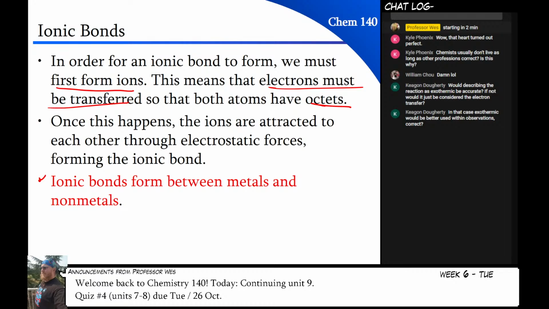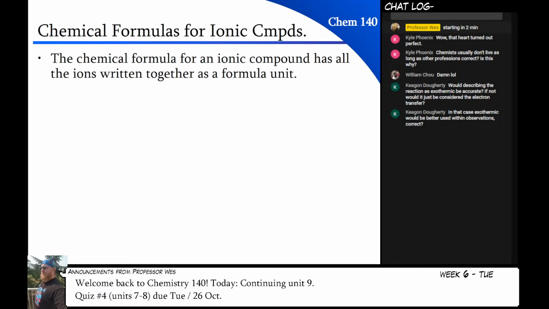So in order to form an electron transfer, you need to have one of each type, one metal and one nonmetal. Someone to give away their electrons and someone to accept them. Otherwise, you can't make an ionic bond. You might get some other type of bond. All right, so let's do some examples.